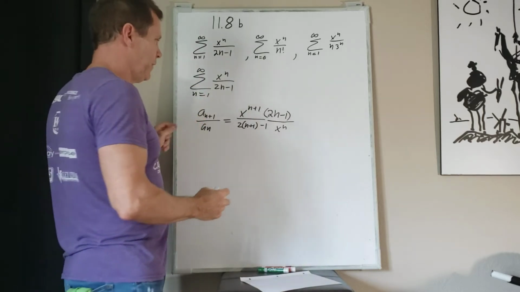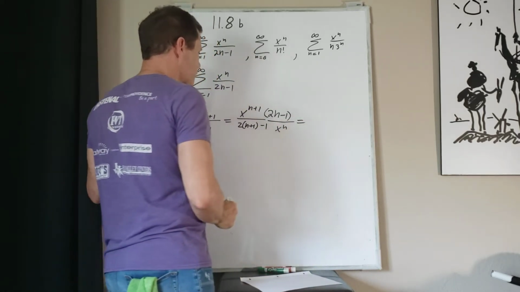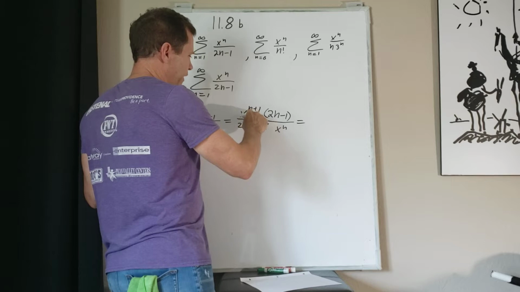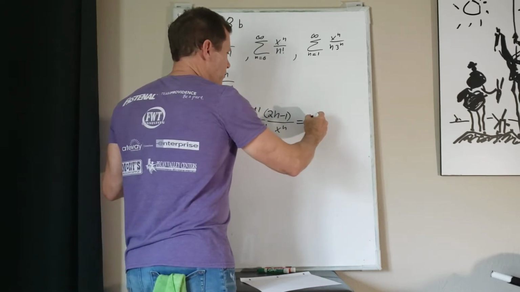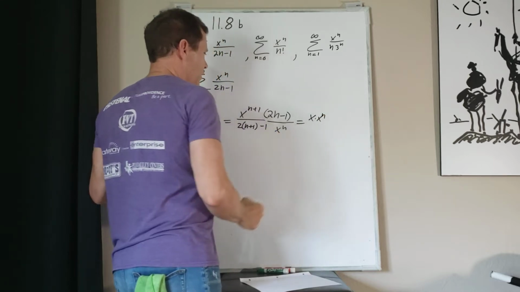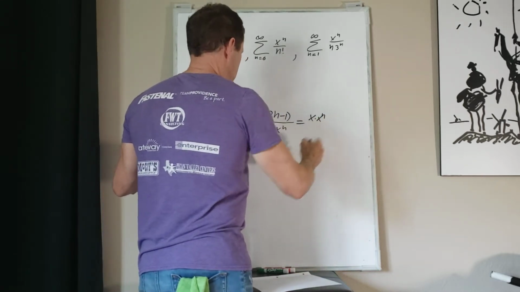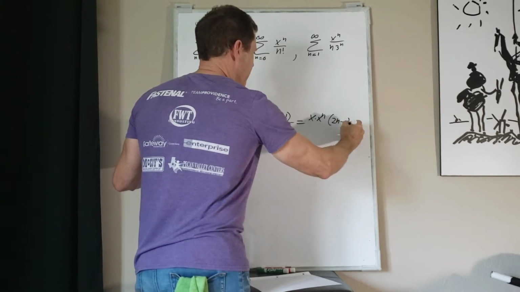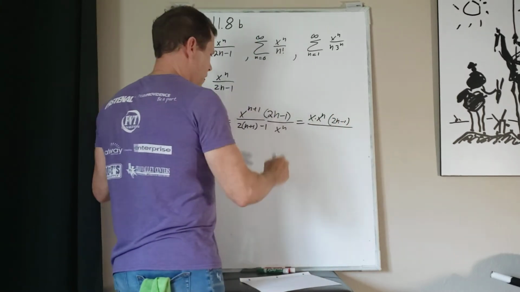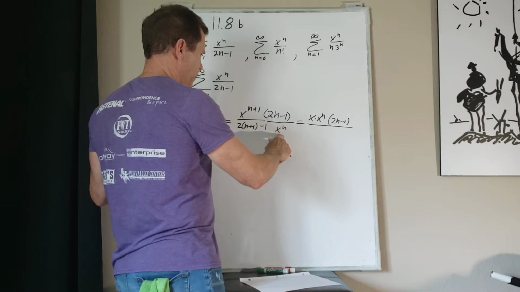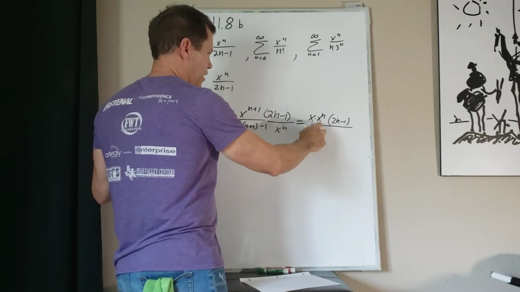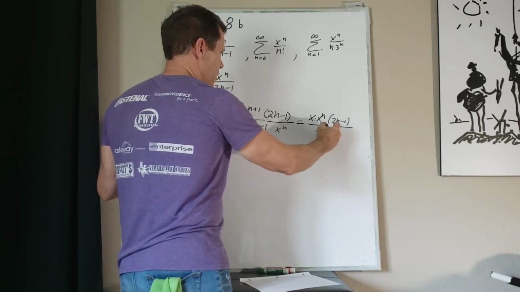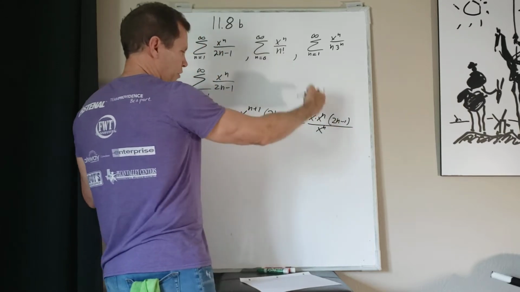Now I'm going to clean it up a bit. So this is x to the n times x, so x times x to the n, and then 2n minus 1. Then on the bottom, I've got this x to the n. So you can see that they'll cancel.